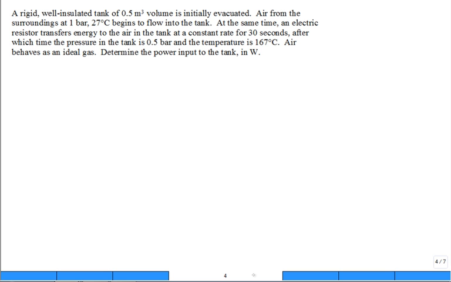Determine the power input to the tank. So what are the watts of that resistor that's transferring that energy into the air in the tank? So we make a sketch.